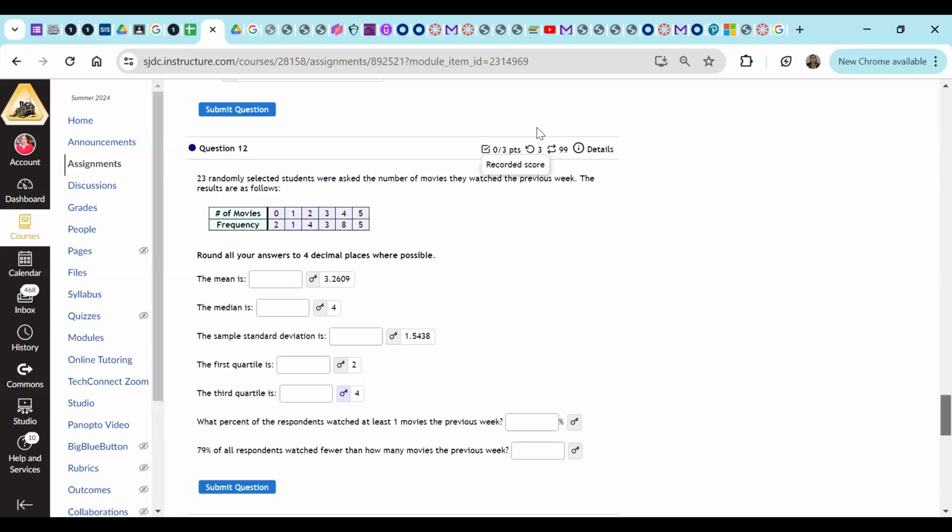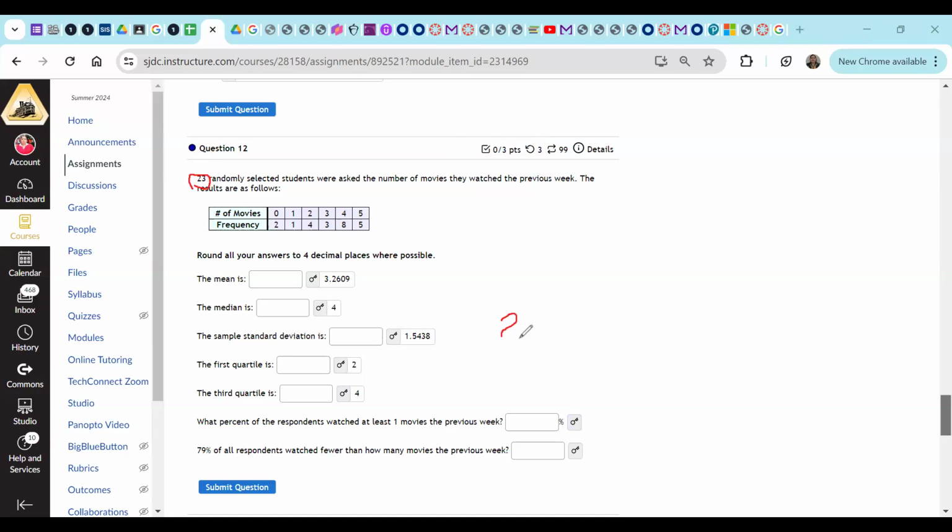Starting from 1, leaving the first one, what is the total of the rest of the frequencies? Starting from here, 1, 4, 3, 8, 5. 21. And the total of all the frequencies is 23.